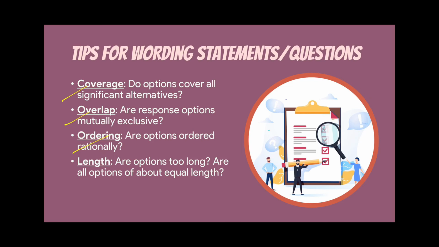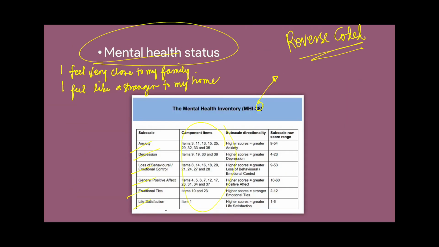Again, there should be some justification based on what you need. For example, in the mental health inventory, as you can see, the questions are jumbled. It's not like I ask anxiety first and then put all the questions on anxiety, and then I go to depression.